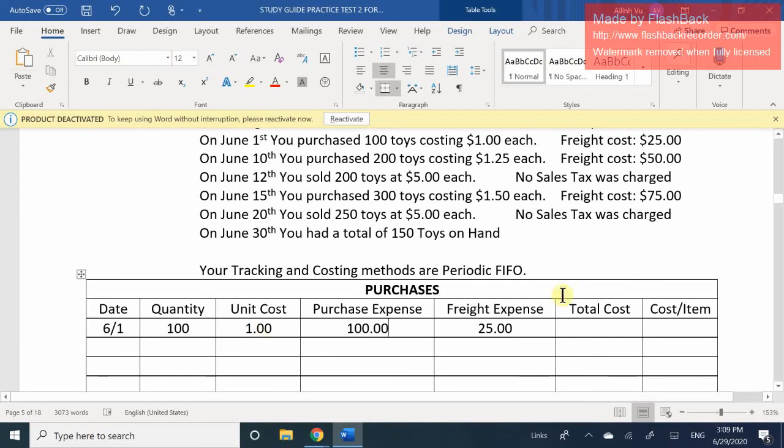Can't read my own handwriting. Don't worry about it. And then your total cost is 125. And your cost per item is 1.2. 1.2 what? You can't stop at 1.2. That's what my calculator told me. So that's when I could blame the calculator.